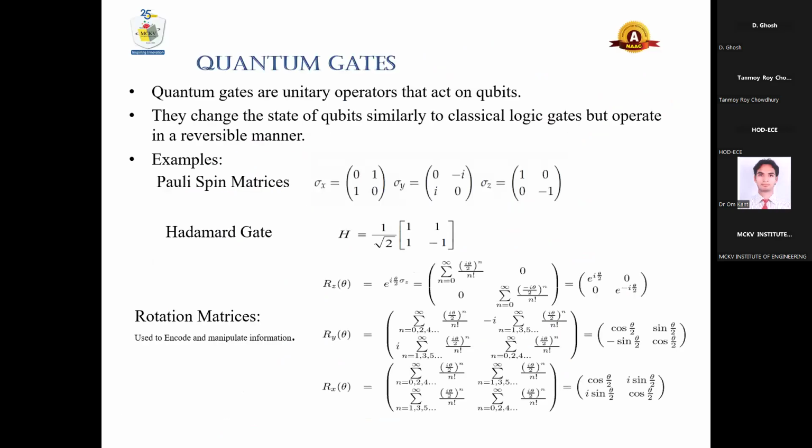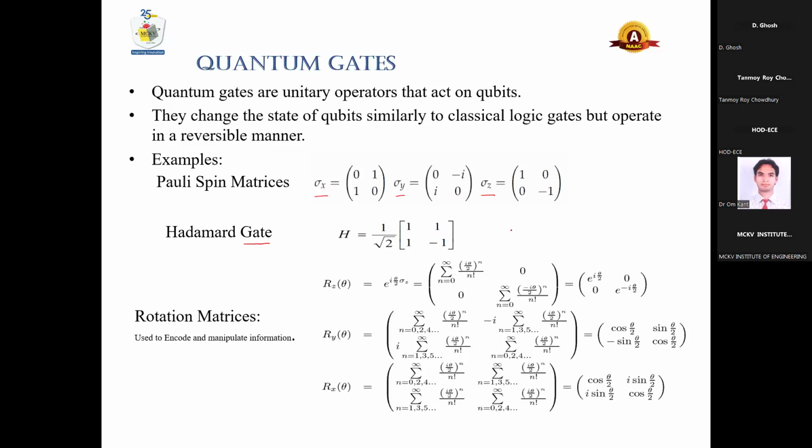Okay, so let's move on. These are some of the operators in quantum mechanics. Pauli matrices we call the sigma x, the sigma y, and the sigma z. The first gate that I want to introduce is the Hadamard gate. The Hadamard gate is H equals 1 over root 2 times the matrix 1, 1, 1, minus 1.